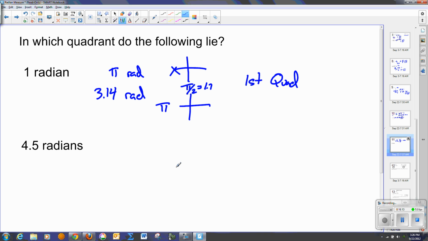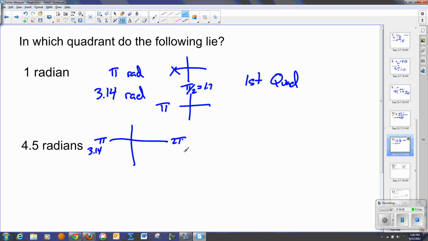If I want to know where 4.5 radians are, then I'd have to find out where in this whole circular process 4.5 is relative to pi and relative to 2 pi. So I know that pi is 3.14.